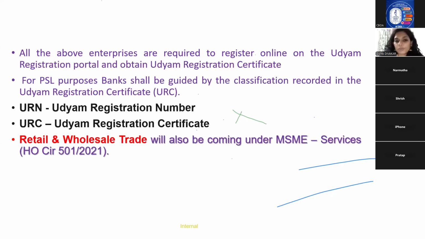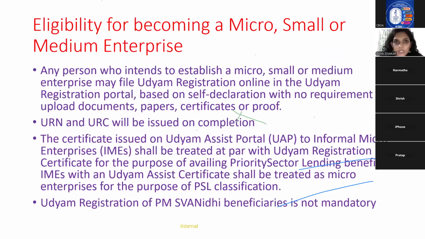For banks to decide the classification, and for PSL, priority sector lending purposes, everything will be based upon this Udyam registration certificate. For the exam, remember URN means Udyam registration number, URC means Udyam registration certificate. Even retail and wholesale trade will now come under MSME services.